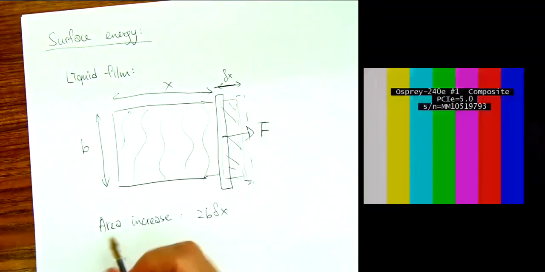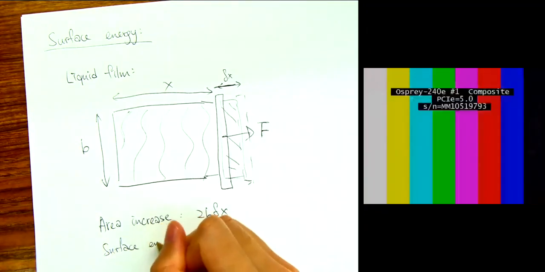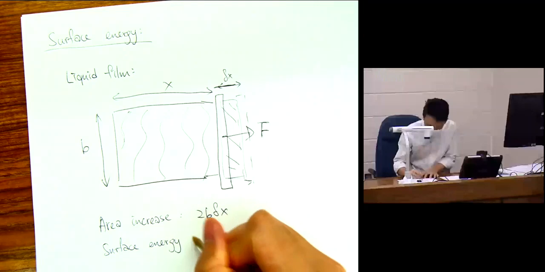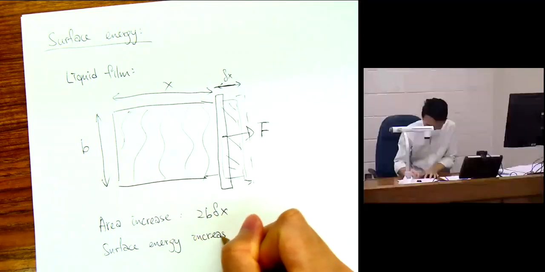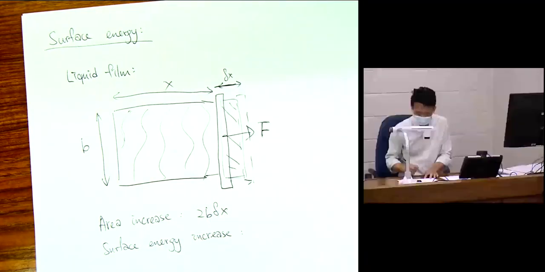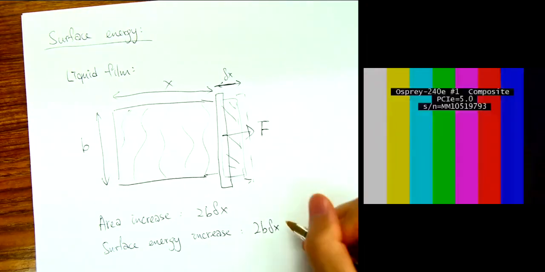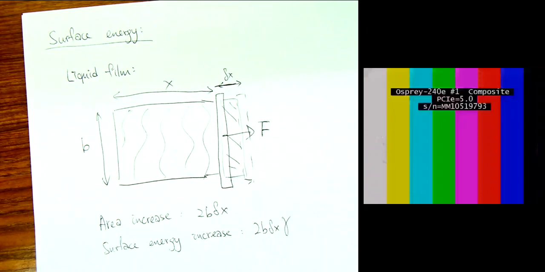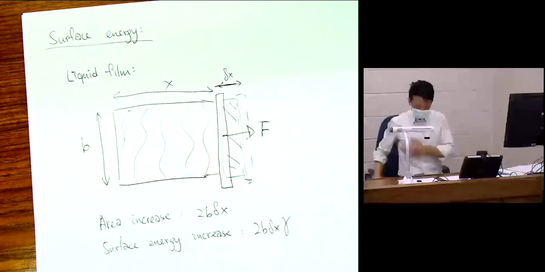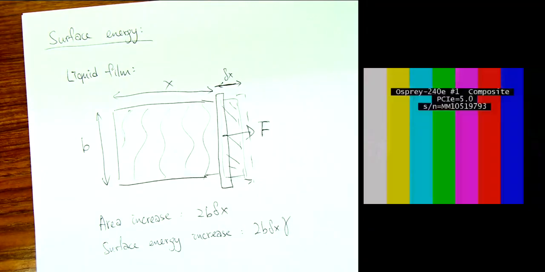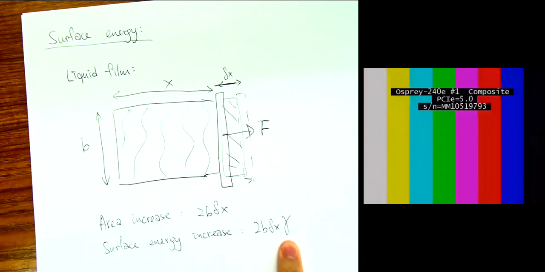So the surface energy increase is quite simple. It's simply the increase in area, again, times the surface energy of the film.